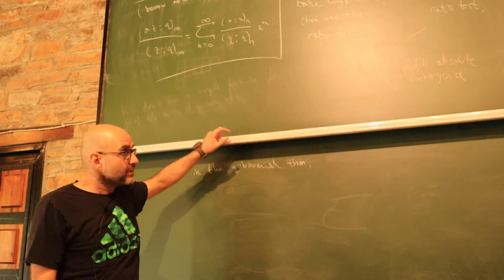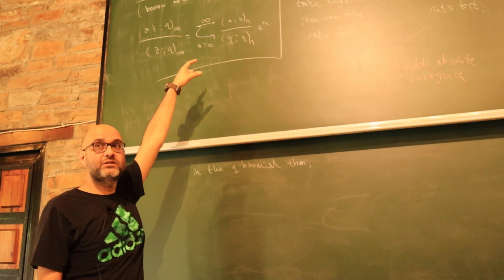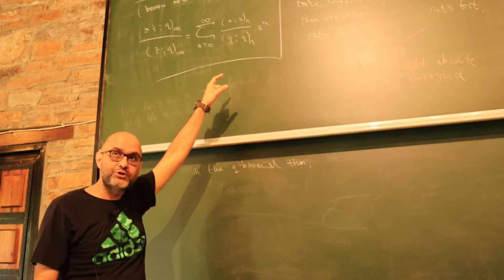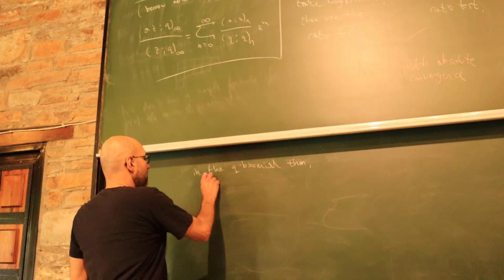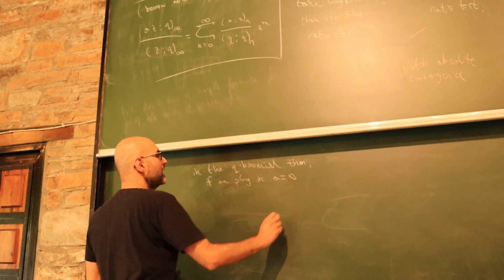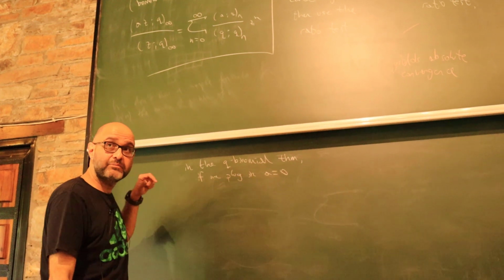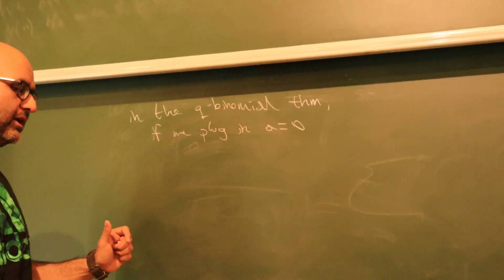So upstairs will be 1. And inside the summation, again, the numerator is going to be 0 semicolon q sub n, which is just 1.